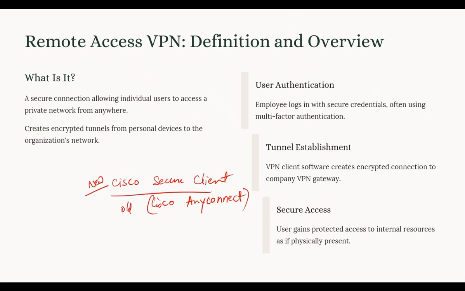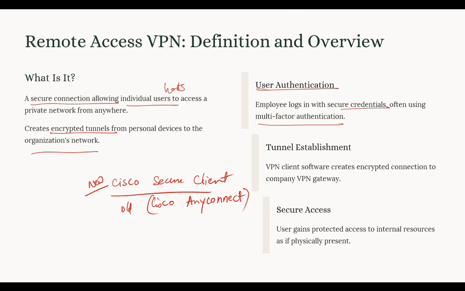Okay, so what is remote access VPN? This is a secure connection allowing individual users or hosts to access a private network from anywhere, like remote users. It creates encrypted tunnels from personal devices to the organization's networks. It provides user authentication, so the employee logs in with secure credentials, often using multi-factor authentication.